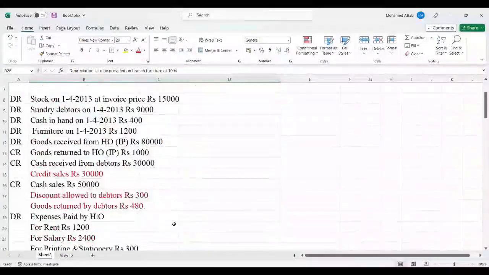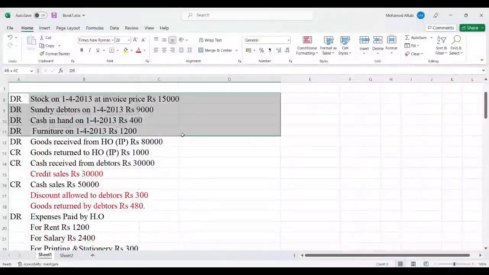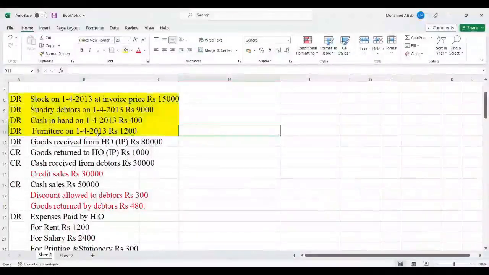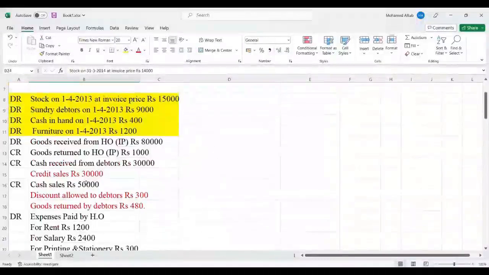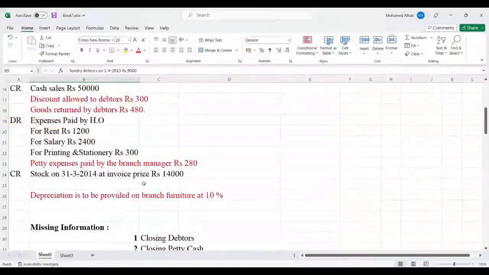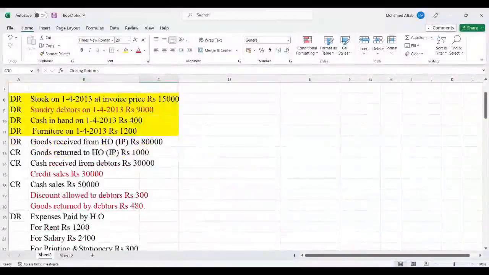So how to identify which items are missing? You can see here we have 4 assets given in the problem. Stock on 1st April, if you see closing, it is there. But if you see sundry debtors, opening is there, but closing is missing, and you should calculate closing debtors.